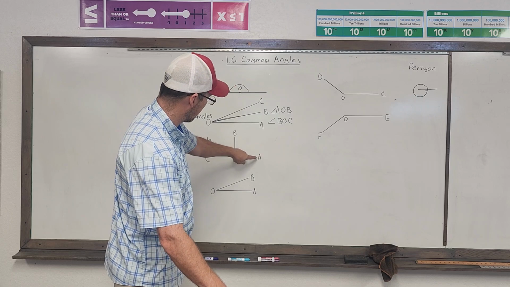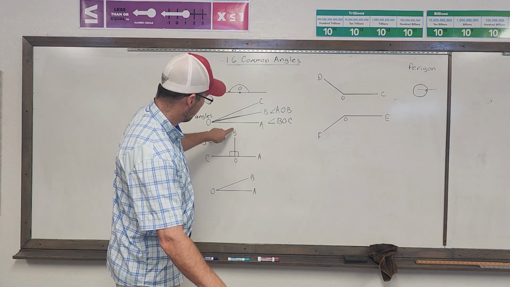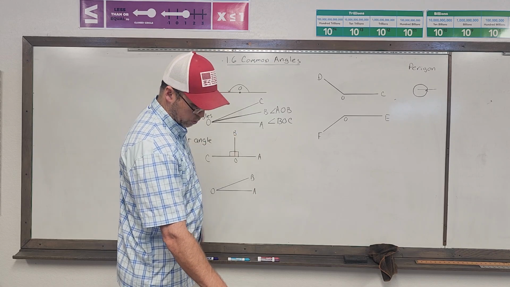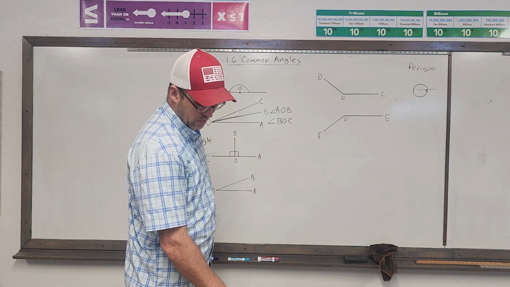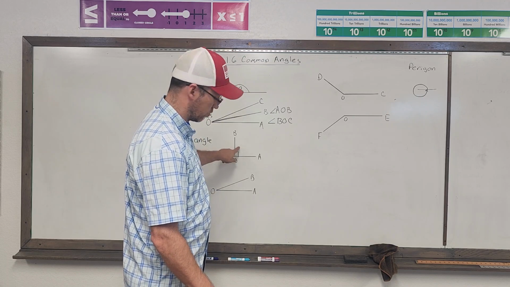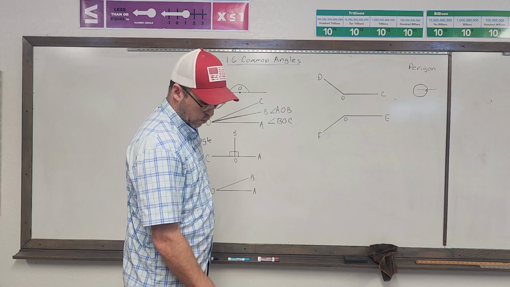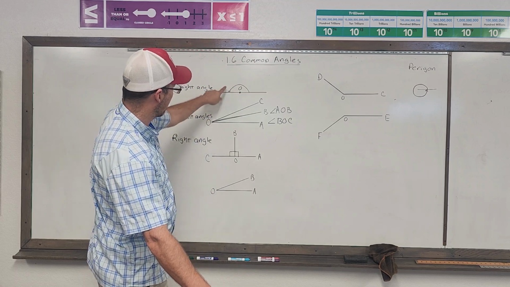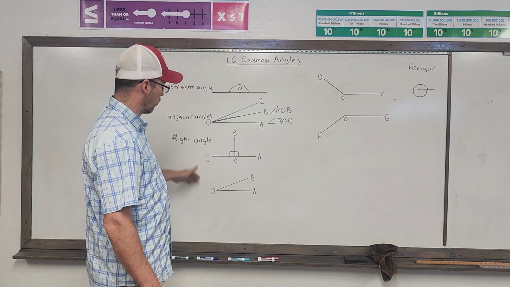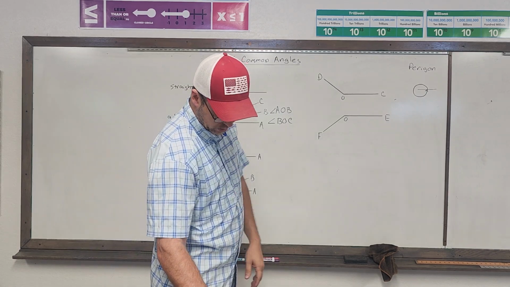So I've got angle AOB and BOC. They're adjacent to each other and they're equal to each other. So when it makes two equal adjacent angles, each angle is called a right angle. And a right angle is exactly 1/2 of a straight angle. You know that to be 180 degrees, therefore a right angle is going to be 90 degrees.